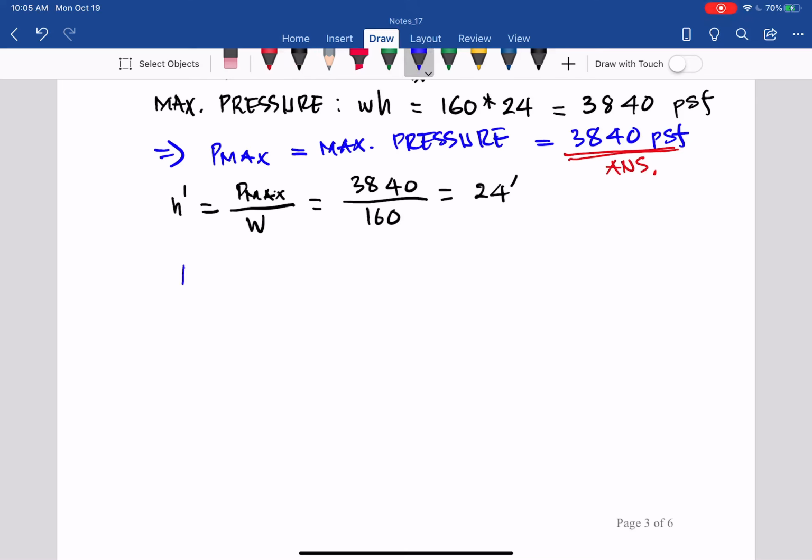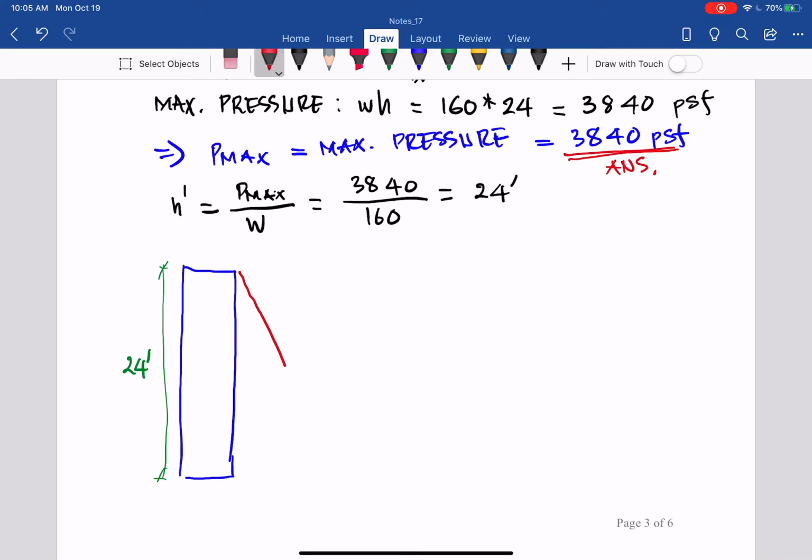So we can draw the form for the column, exaggerating the thickness. The column height is 24 feet, and in this case the pressure is distributed linearly, reaching Pmax at the bottom of the column and 0 on top.